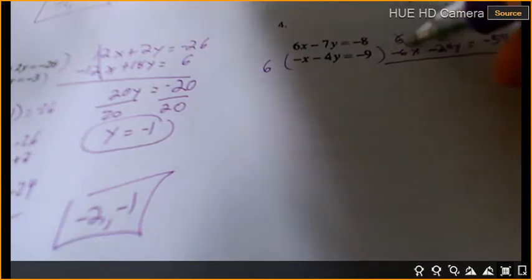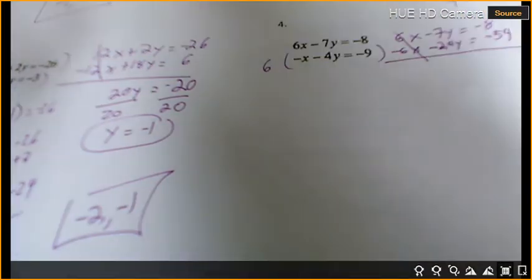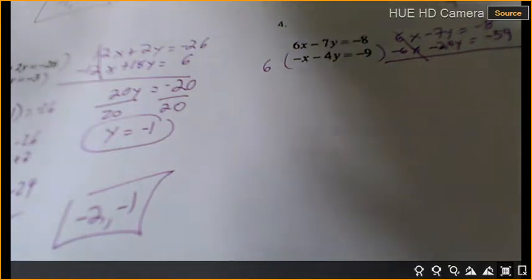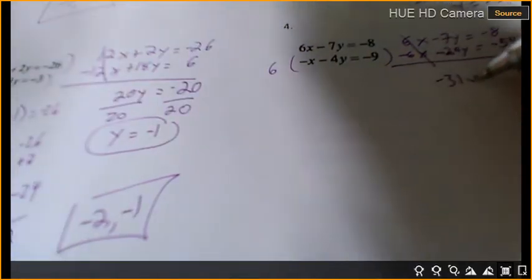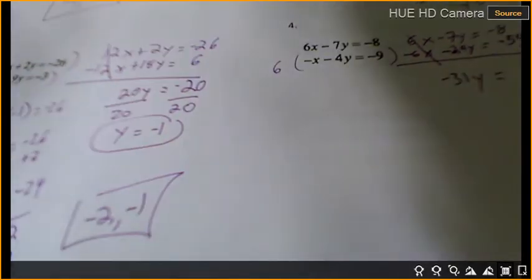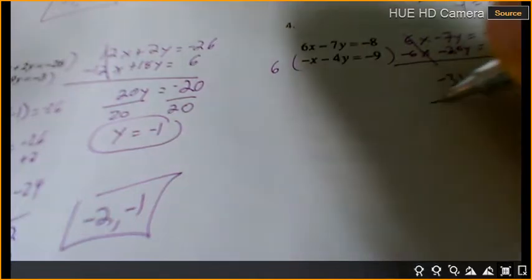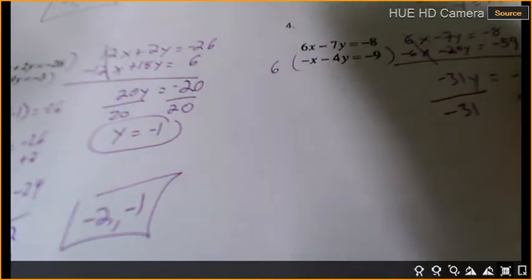Add straight down. The x's cancel, right? Negative 31y equals 62. And then we divide both sides by negative 31.